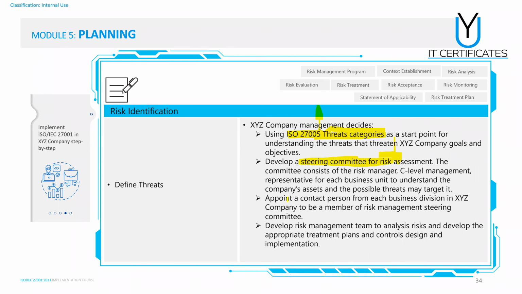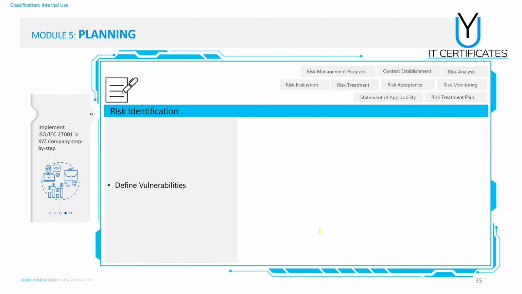Also, you can appoint a contact person from each business division in XYZ company to be a member in the risk management steering committee. He will be a very helpful person, and he can tell you what the threats are which can threaten their assets and processes. This is the way you can define these threats for the organization.